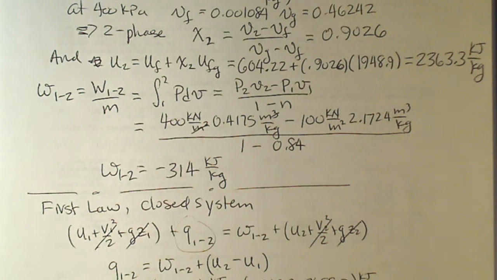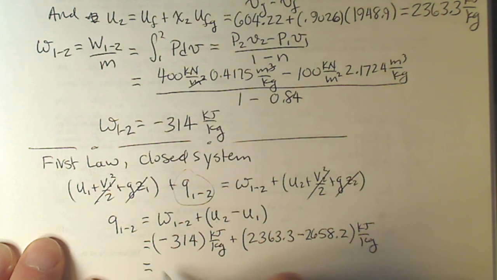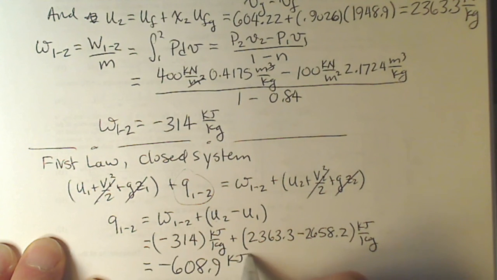And when I put all of this into my simple calculator, let's see what we come out with. 2363.3 minus 608.9 kilojoules per kilogram.